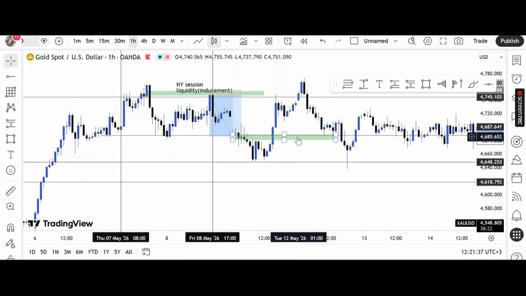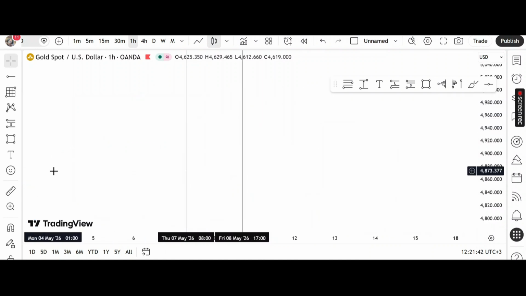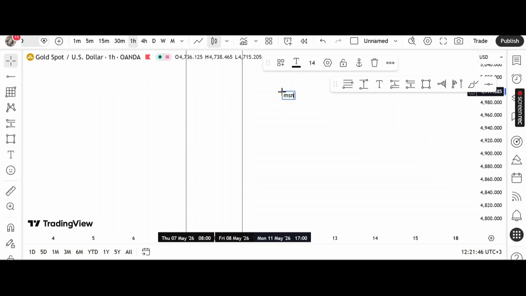Yeah, so let's break down the rules again. Let's write how you trade the MSNR. You start with the daily bias. In here, you look for A or B level or open close to be taken out.